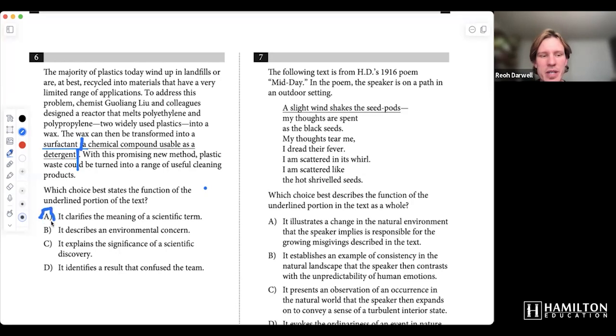That's exactly what we see it is described as in answer choice A. Do we see an environmental concern from this? Nowhere specifically. Is this a scientific discovery? Yes, but do we explain the significance? No. Did the team get confused by this result? I don't see that whatsoever. So no. That's how we arrived at A for question 6.